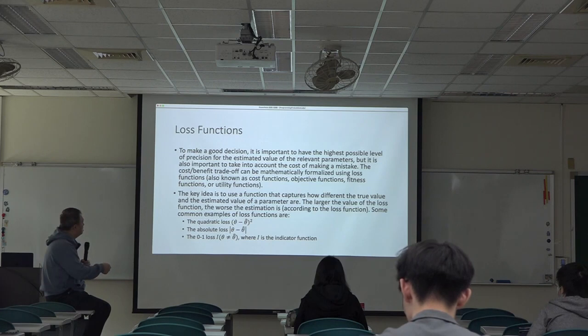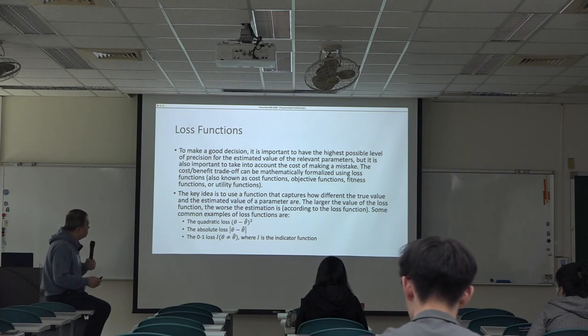A loss function is sometimes also called a cost function, objective function, fitness function, or utility function. These names are almost identical to the names used in deep learning, but I have to remind you they are different. Their purposes are similar, but the usage of this function is very different.